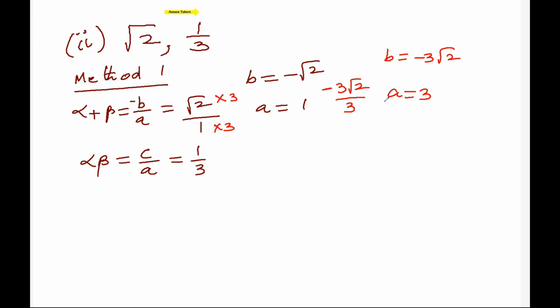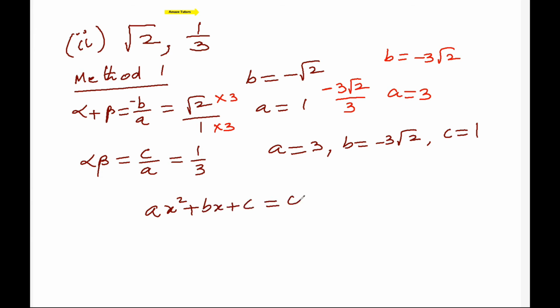a value is 3. Now let's write all the values. a is 3, b is negative 3 root 2, c is equal to 1. Now let's substitute in the quadratic equation standard form. 3x squared, in place of b, negative 3 root 2x plus 1 is equal to 0.